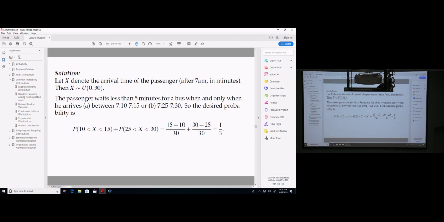And the passenger waits less than 5 minutes means that the bus he can take would be 7:15, or the bus he will take is 7:30. The bus at 7 o'clock, he will miss. And so these are the calculations here.